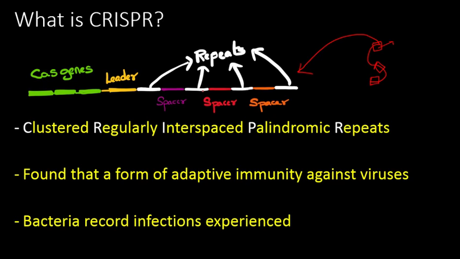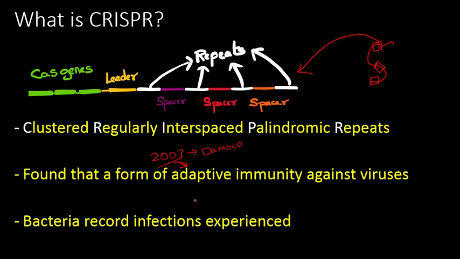Now we'll come to the Cas genes later, but as of now, that is what a CRISPR was or is. Now in 2007 it was thought to be a form of adaptive immunity against viruses, and that was basically proposed by a dairy company called Danisco.